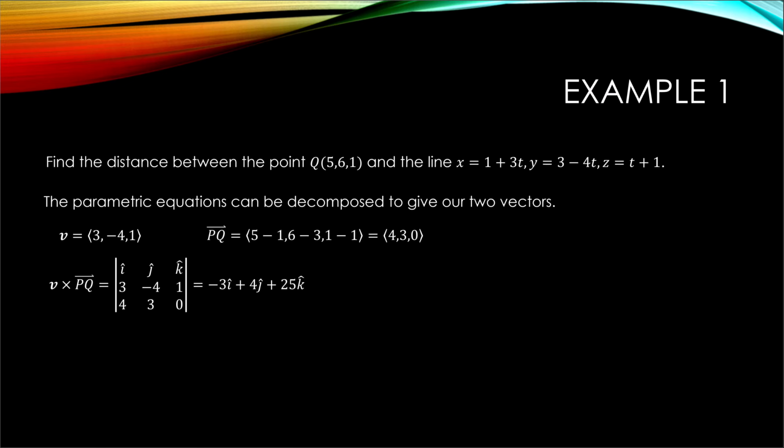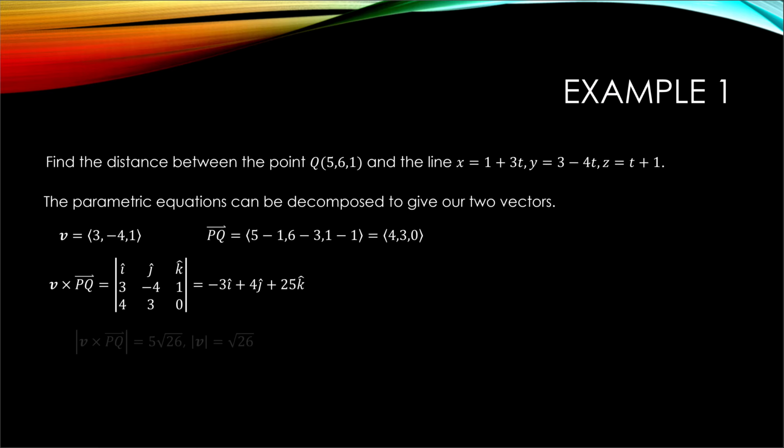V cross pq is the determinant of a 3 by 3 matrix, and I can perform that cross product operation either using minors and cofactors or the method of diagonals, and I will get a vector that is expressed as -3 in the i hat direction, plus 4 in the j hat direction, plus 25 in the k hat direction.